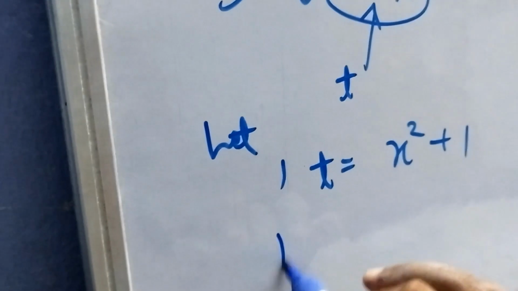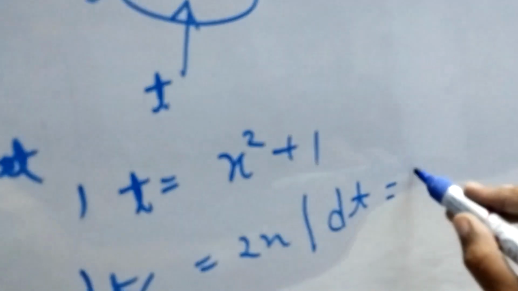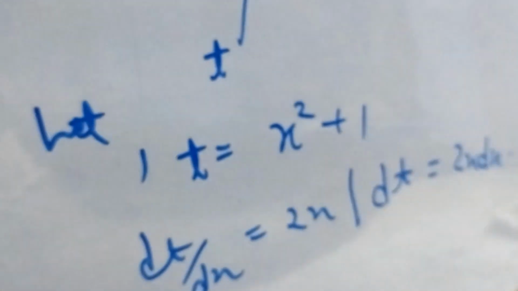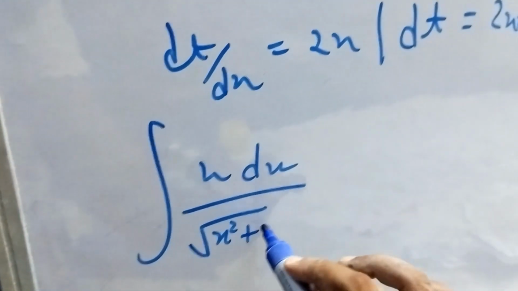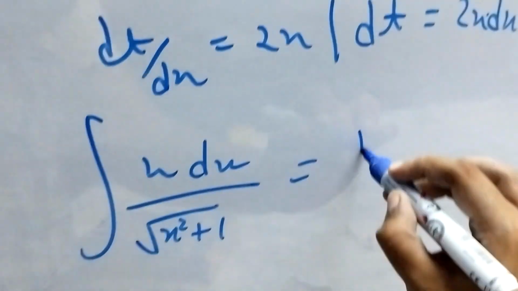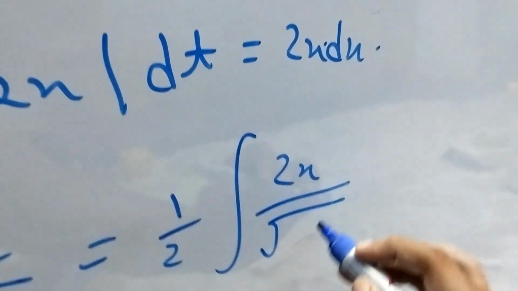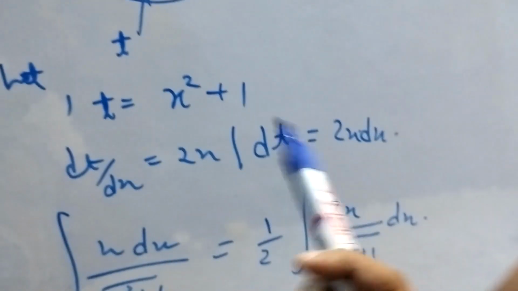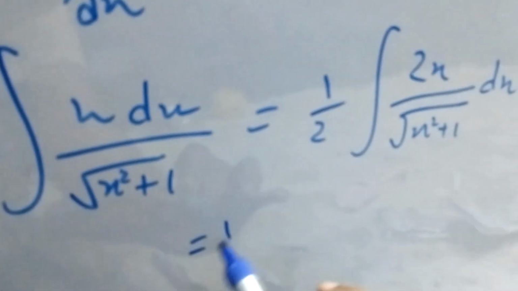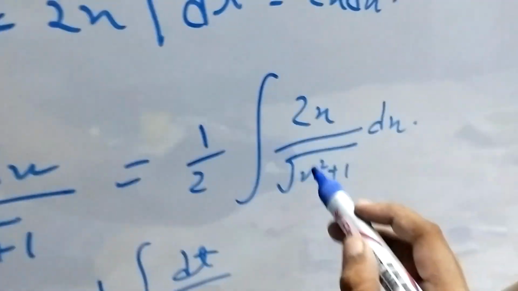x square plus 1 is t, dt by dx is nothing but 2x, so dt is 2x dx, right? x dx divided by x square plus 1 equals half of 2x dx by x square plus 1, right? I am just substituting every value. So this becomes dt, and this becomes root t.